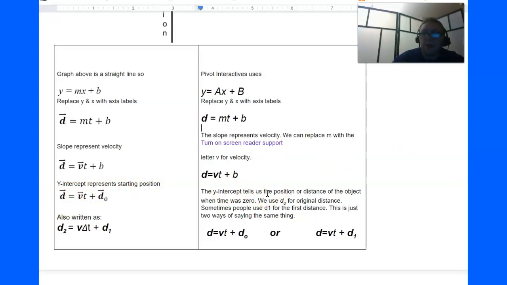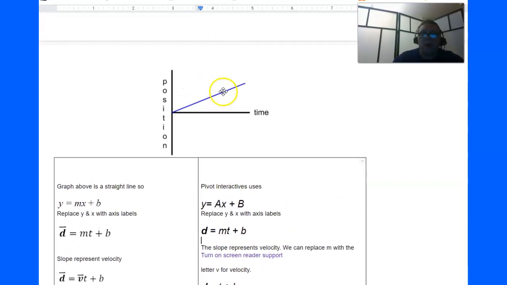Then the last thing is the y-intercept, and the Pivot Interactives activity walks us through this. If we go through and reread the text in there, the y-intercept tells us the position or the distance of the object when time was 0. If you remember on this graph, the y-intercept is where this blue line crosses the y-axis. And when this blue line crosses the y-axis, time is 0, right?